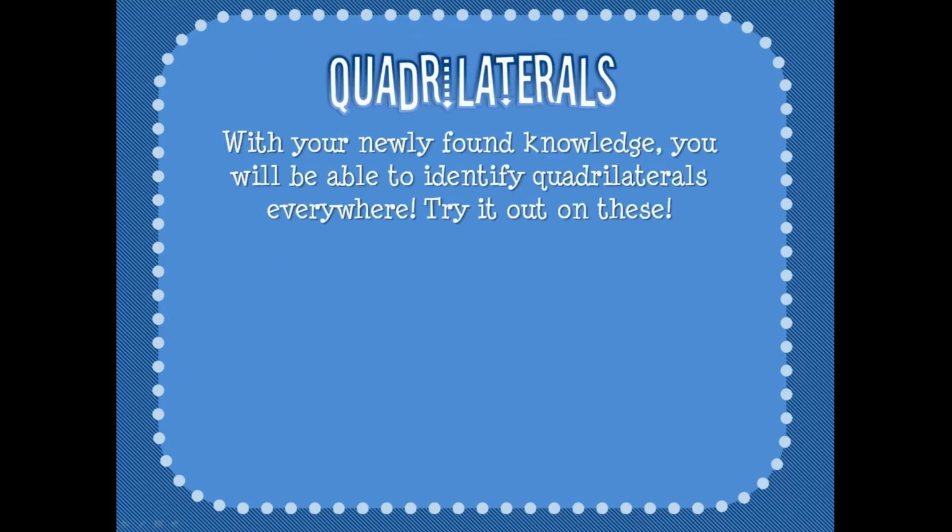Look here. With your newly found knowledge, you will be able to identify quadrilaterals everywhere. Try it out. What is this? Observe carefully. This is a rectangle. Now, see this picture. What is this?